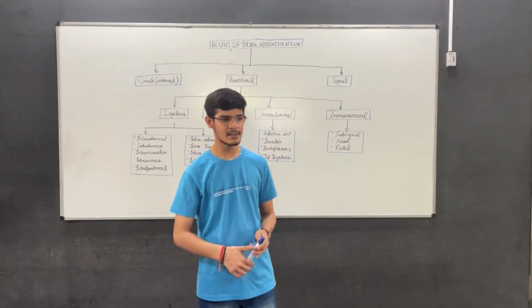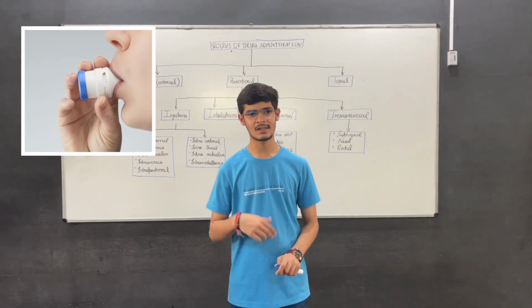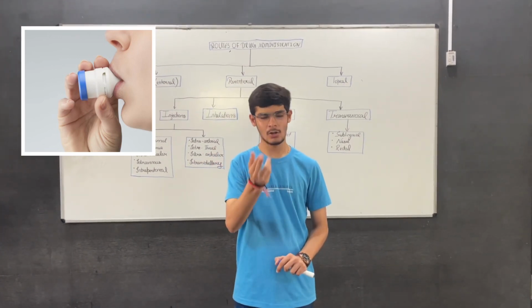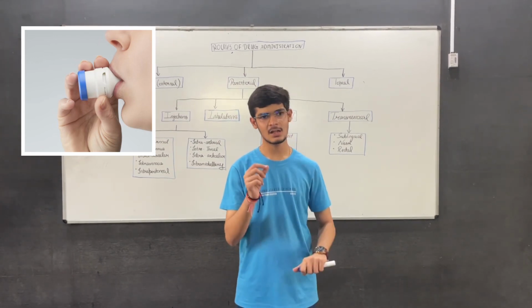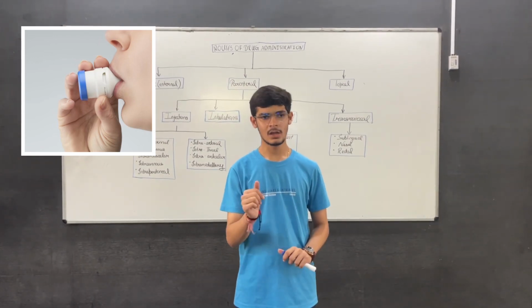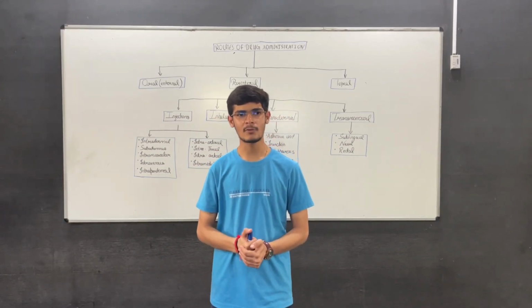So now let's see dry powder inhalers. This type of inhaler is mostly used by asthma patients. These inhalers are also known as breath activated inhalers, which deliver a dry powder to the lungs. The dry powder delivered to the lungs is in the form of corticosteroids.